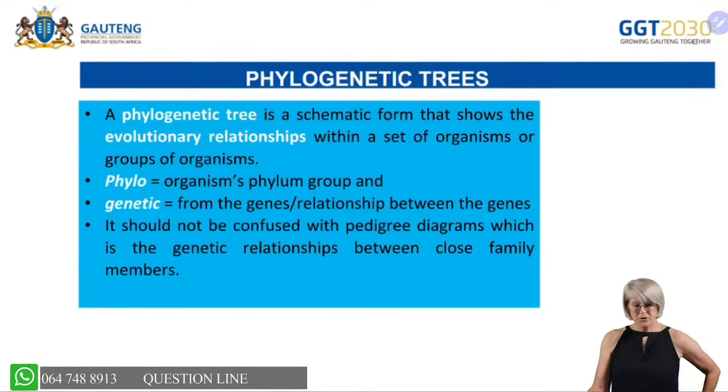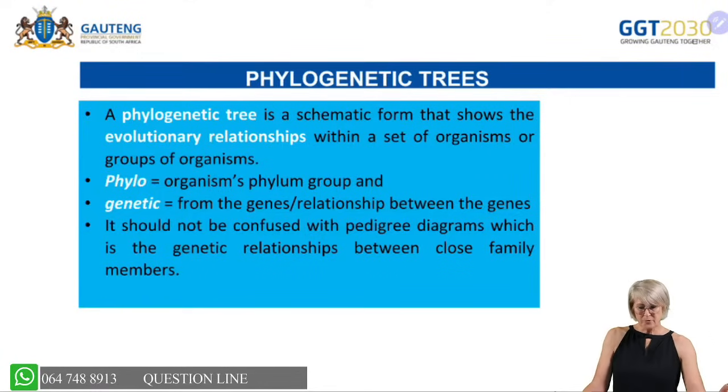All right, a phylogenetic tree. And remember earlier I said to you, you need to know the difference between a pedigree diagram and a phylogenetic tree. Please do not mix these two up. A phylogenetic tree is a schematic form that shows the evolutionary relationships between organisms. So we can see how closely they are related, or how far or how distantly they are related.